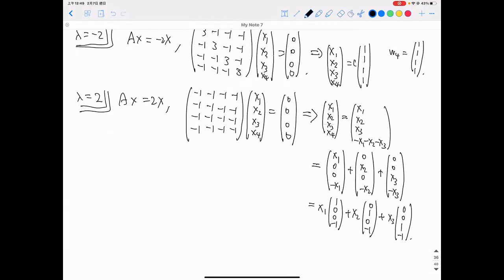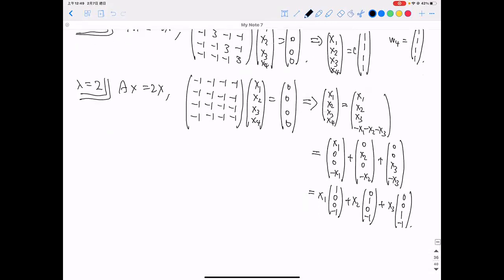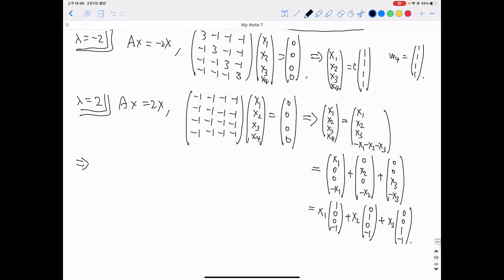All right. So we found 3 vectors. Call them W1, this one, 1, 0, 0, minus 1. W2, 0, 1, 0, minus 1.